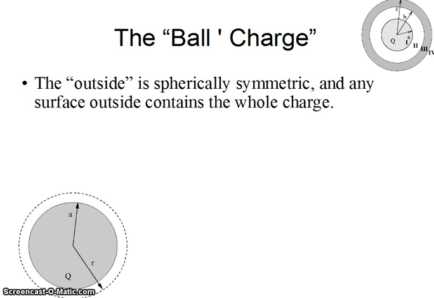Since it has the same symmetry as a point in space, everything looks exactly like a point in space from the outside. Gauss's law, remember, tells us as long as we know about the symmetry, it's what's inside that matters. So we get the same solution as for a point charge when I'm outside, when r is bigger than the radius of that ball, which I called A.